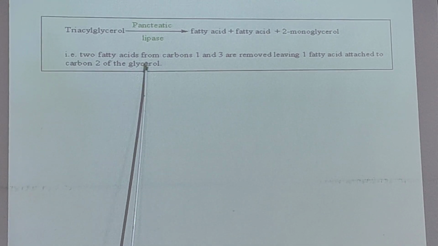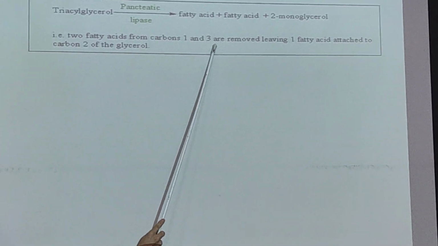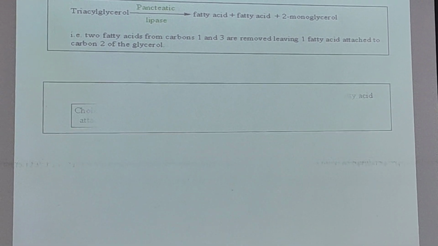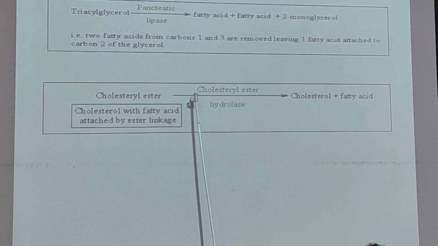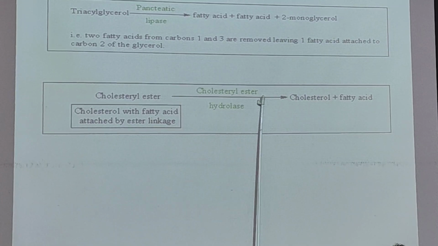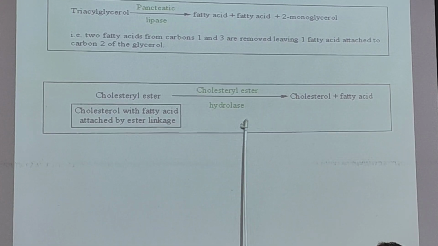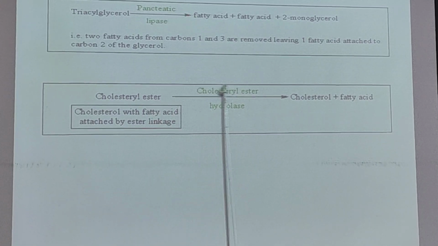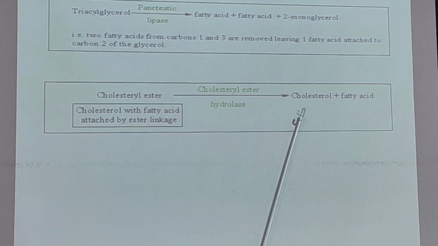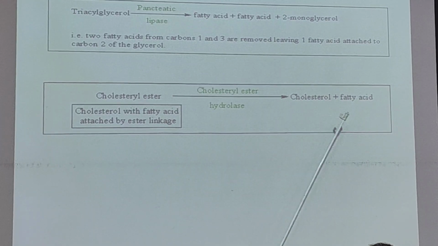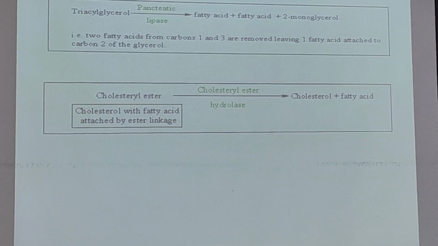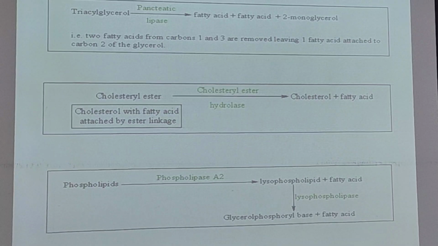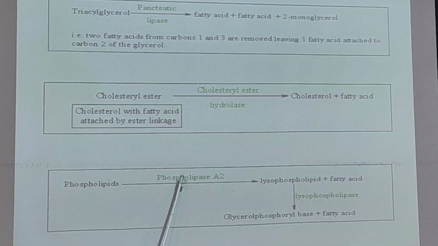Those two fatty acids are removed from carbon number 1 and 3. The second enzyme is known as cholesterol ester hydrolase. Cholesterol ester hydrolase removes the fatty acid from cholesterol and produces free cholesterol with fatty acid. The third one is phospholipase A1 and A2.